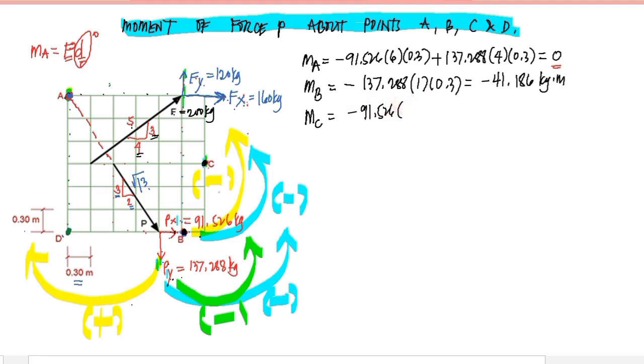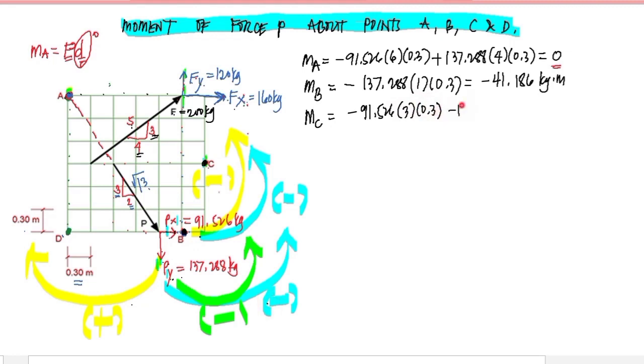As you can see here, this is the line of action of Px. So therefore, this is the perpendicular distance. And it's 1, 2, 3. No? So 3 blocks. So we have here 3 times 0.3.